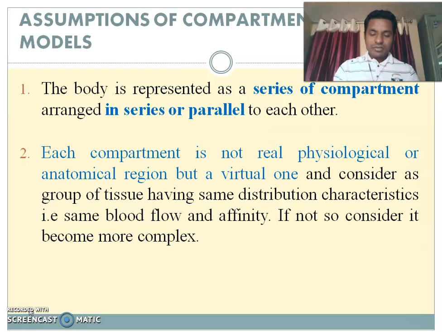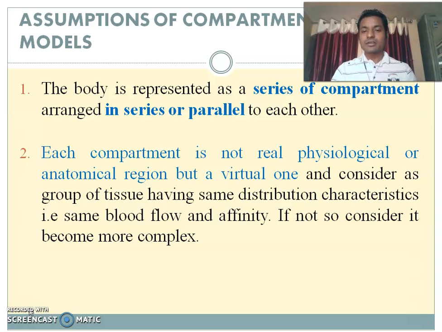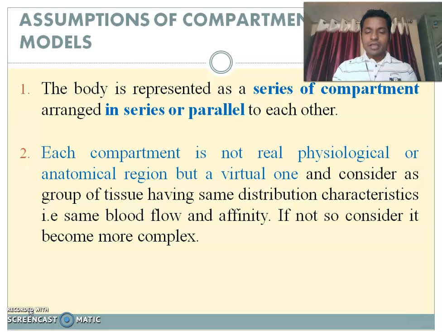We also consider that a group of tissues has the same distribution characteristics, which means that those tissues have the same blood flow and the same affinity toward the drug. If we do not consider it like that, then for each tissue we get a separate equation, and we know that in the body there are different tissues.